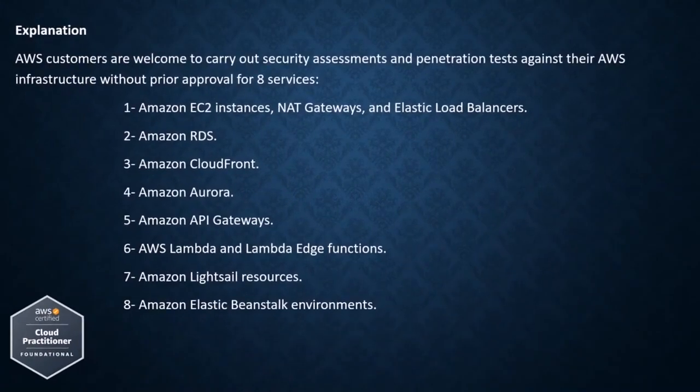AWS customers are welcome to carry out security assessments and penetration tests against their AWS infrastructure without prior approval for 8 services. 1 Amazon EC2 instances, NAT gateways, and elastic load balancers. 2 Amazon RDS. 3 Amazon CloudFront. 4 Amazon Aurora. 5 Amazon API gateways. 6 AWS Lambda and Lambda Edge functions. 7 Amazon Lightsail resources. 8 Amazon Elastic Beanstalk environments.